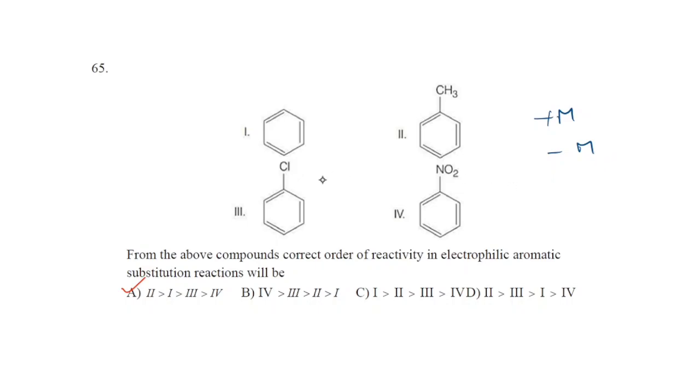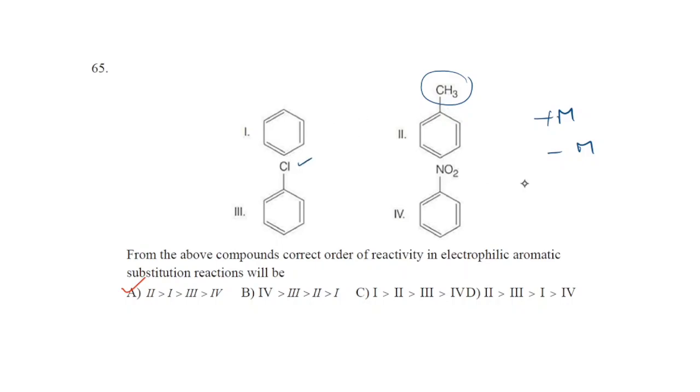And among all these three, this one is showing electron releasing tendency because of hyperconjugation. It activates the ring by introducing the pi electrons into the ring, right? So toluene is more reactive than benzene.